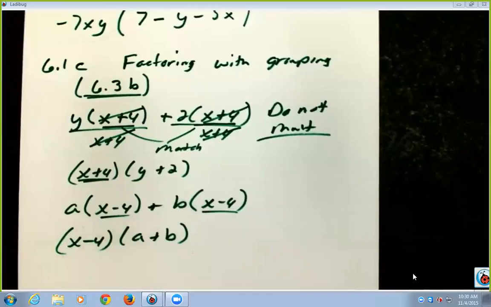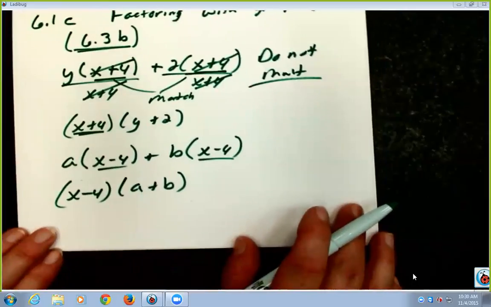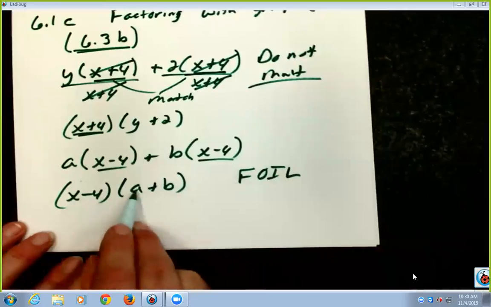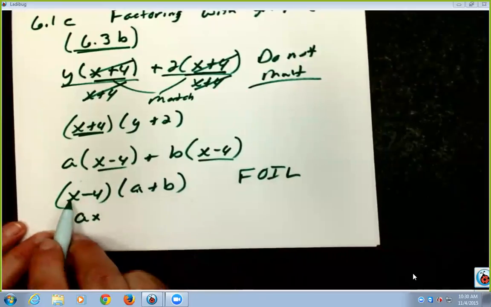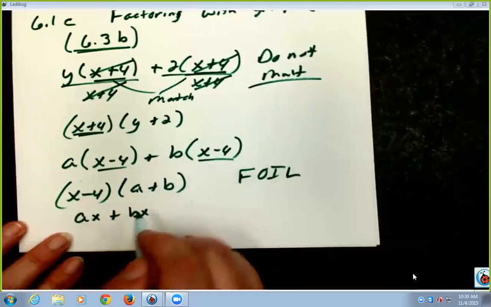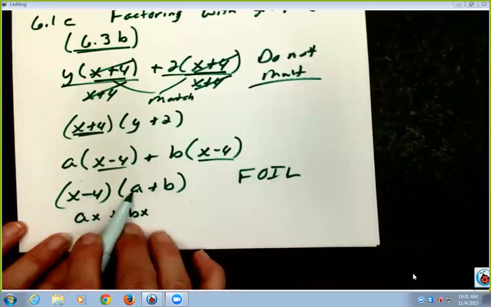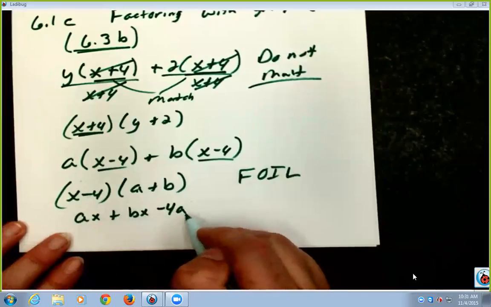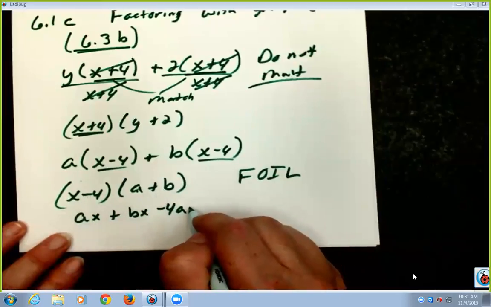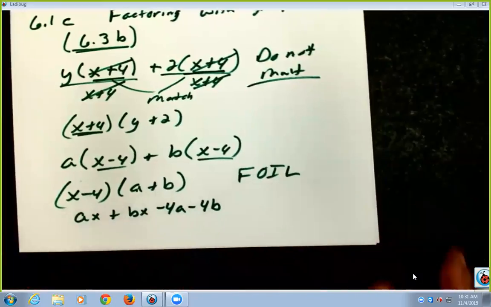All right, so then what does this thing look like if I FOILed it? If I FOILed it, x times A is AX, x times B is BX, negative 4 times A is negative 4A, negative 4 times B is negative 4B. So when I FOIL it, it looks kind of odd.